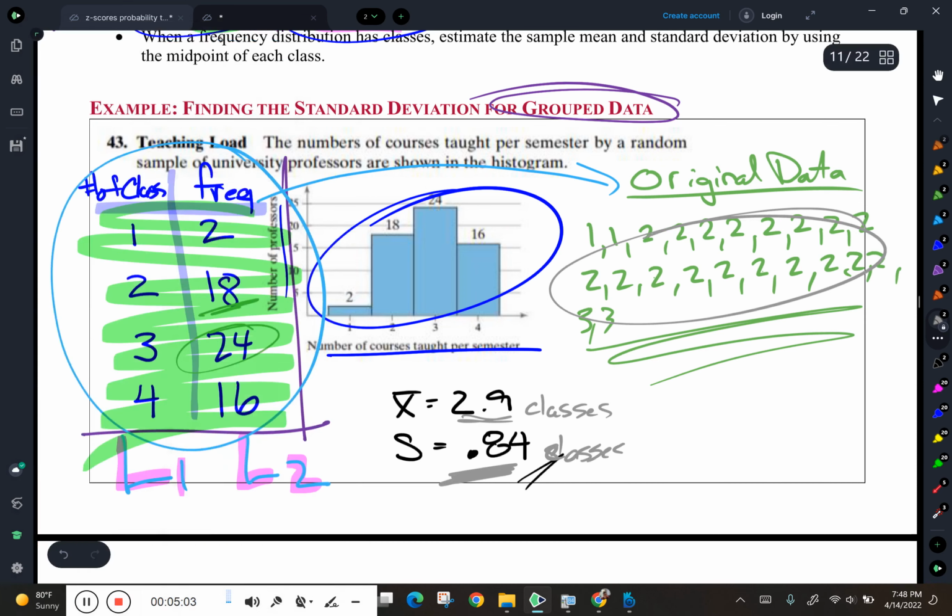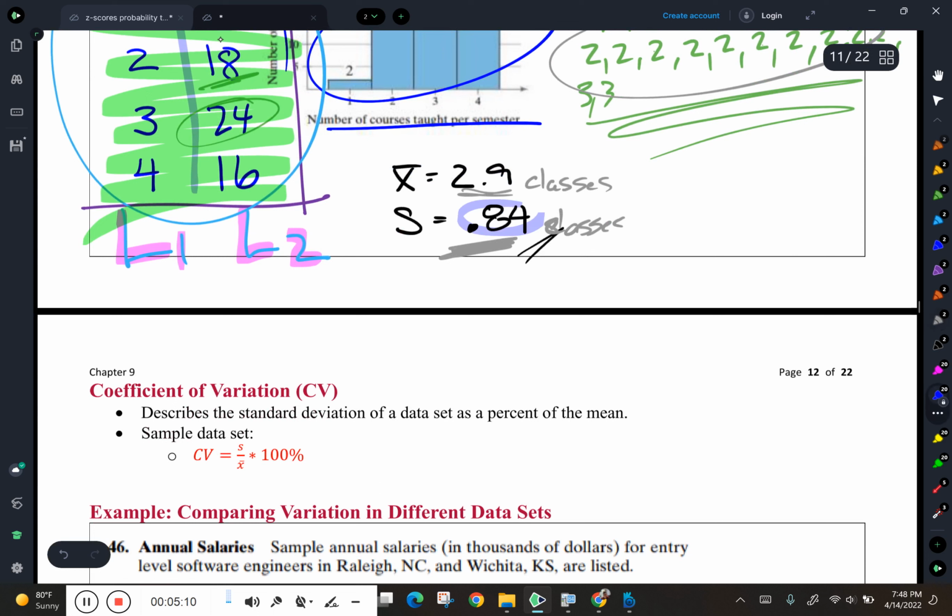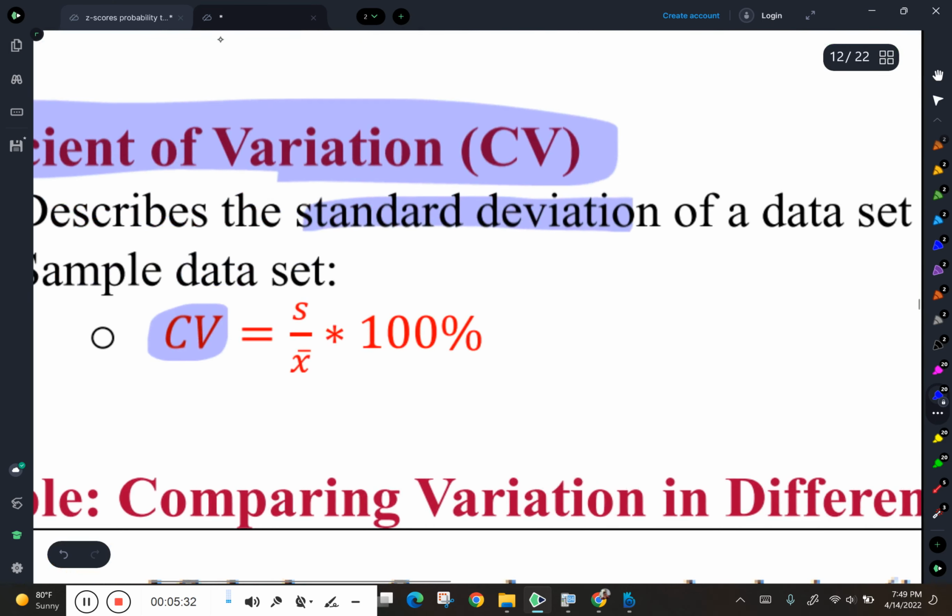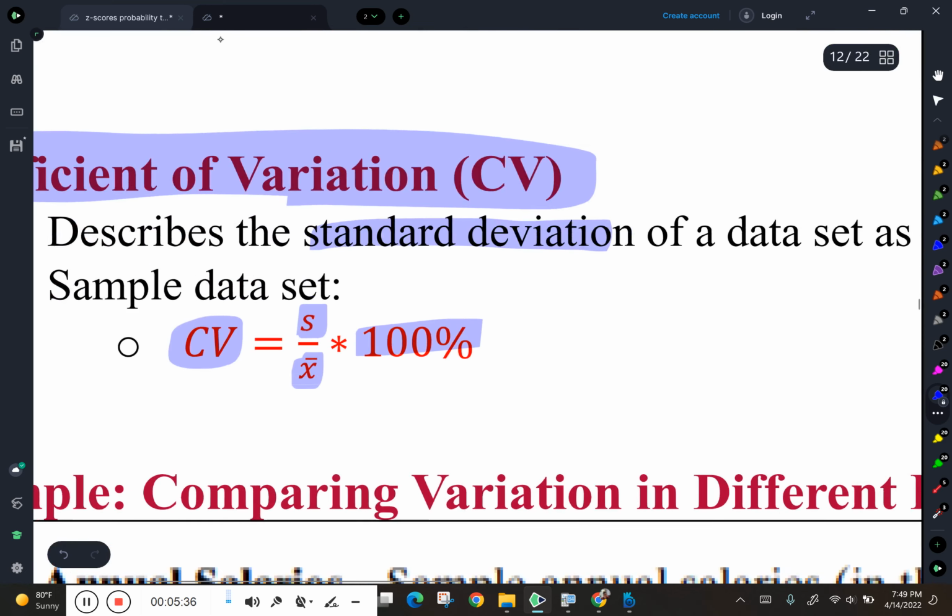In fact, sometimes it's really hard to determine whether this is a big number or a small number. So one thing that is sometimes done is we will convert a standard deviation into a coefficient of variation, where we take that standard deviation and write it as a percent of the mean. To find a coefficient of variation, we take the standard deviation s divided by the mean x bar, and then times 100%.